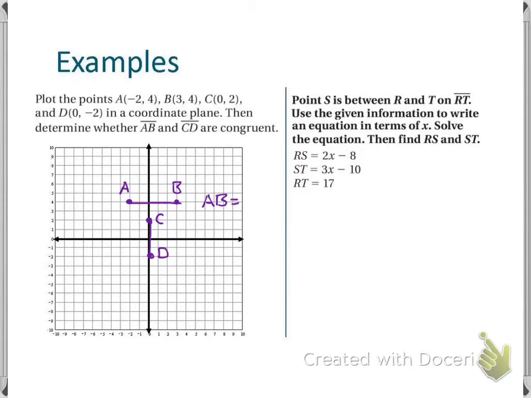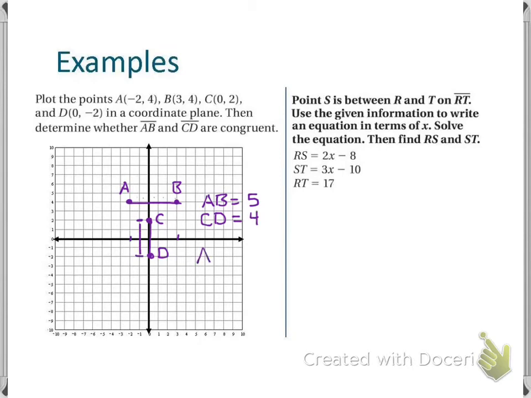I started at -2 and I went to 3. So it's actually 5 units. And you could always count the boxes, 1, 2, 3, 4, 5. 5 units. CD starts at 2 and it goes straight down to -2. It is 4 units.